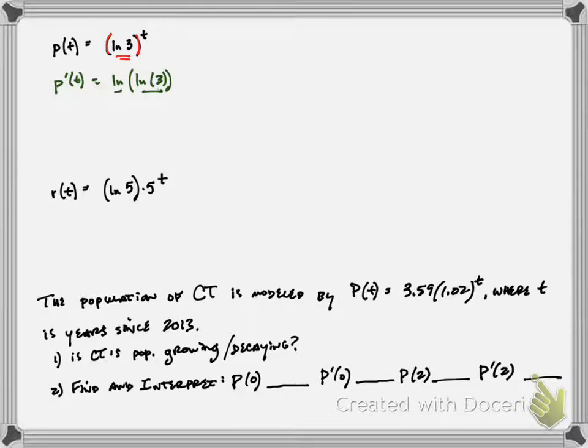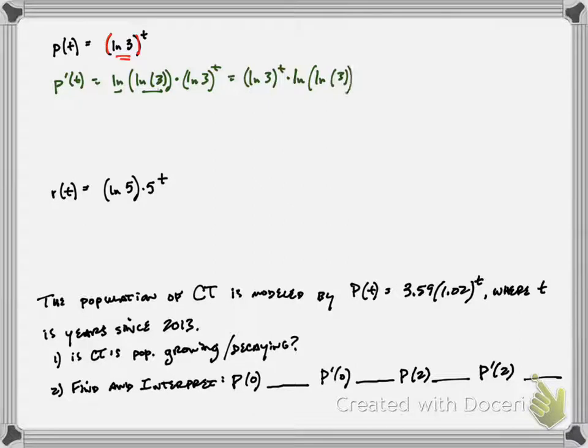So I've got the natural log of a times a to the t. Natural log of 3 to the t. Okay? Again, the derivative of a to the t is a to the t ln a. And so this is the same as, maybe you're thinking of it as natural log of 3 to the t times the natural log of the natural log of 3.